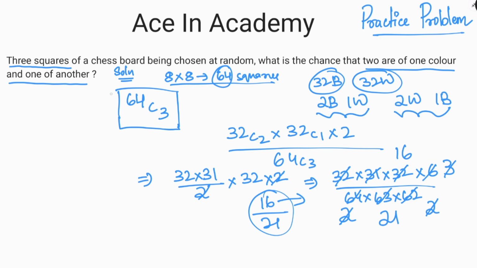First we calculated the total number of ways, that is 64C3, of selecting 3 squares out of 64 squares. Then we calculated our numerator, that is in how many ways we can do this, 2 black, 1 white, or 2 white, 1 black. So we have 32C2 into 32C1 into 2, because they are both identical. Finding one, we get the same for the other one. So we got this, and by this we calculated our answer, that is 16 by 21.